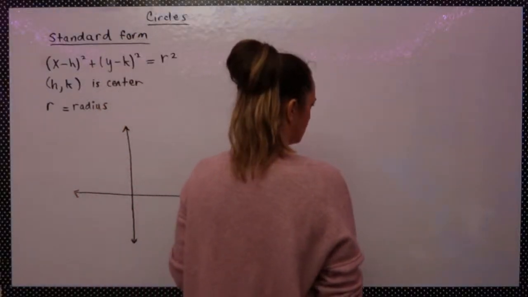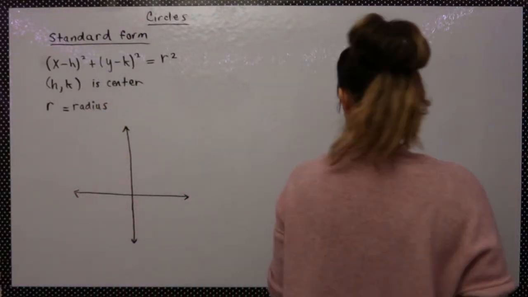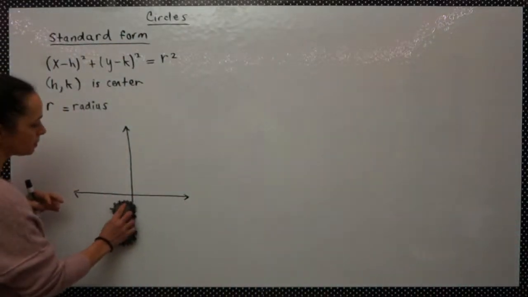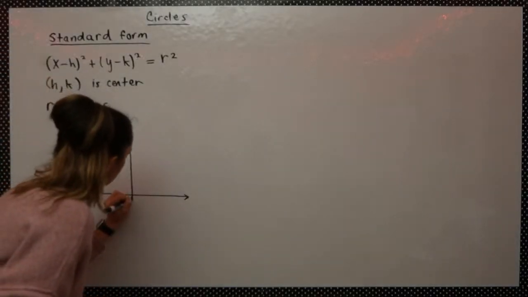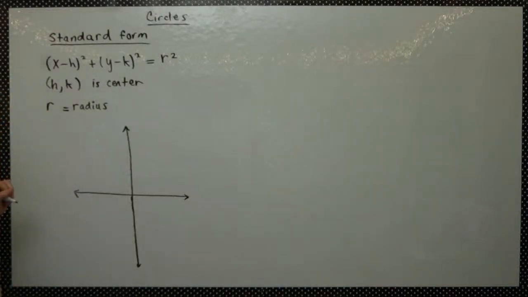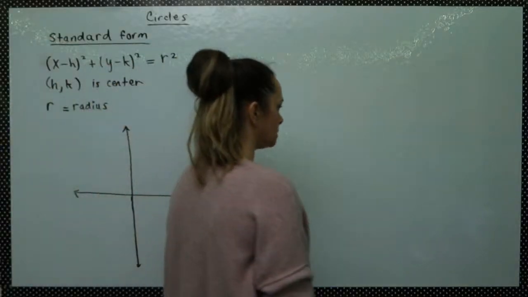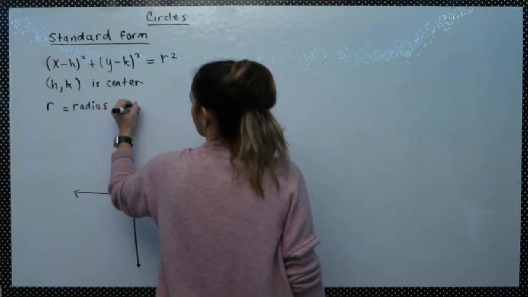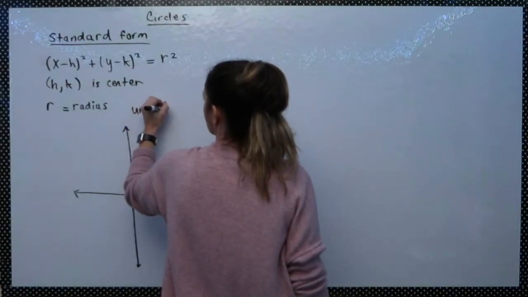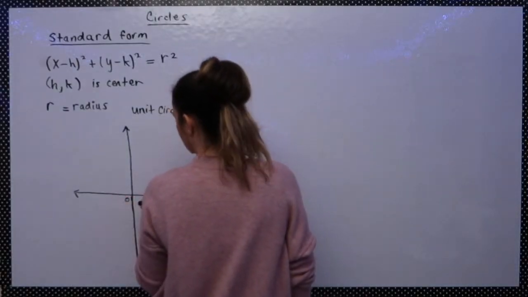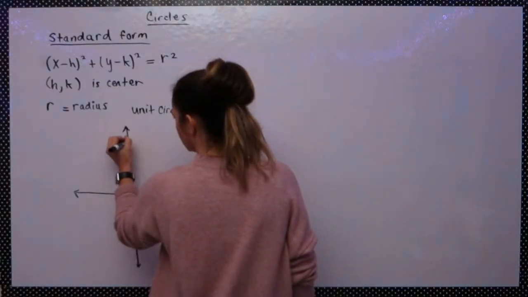If you know those two key points, then you can sketch a pretty accurate graph of where the circle exists on the Cartesian coordinate plane. So we're going to revisit the unit circle, because that's what I want to talk about. The unit circle is centered at the origin, and it has a radius of 1.